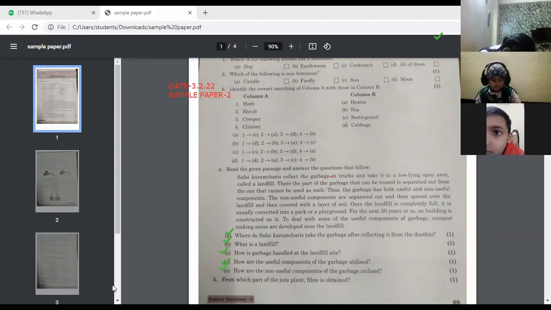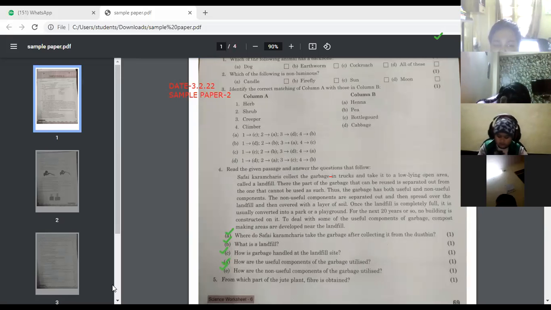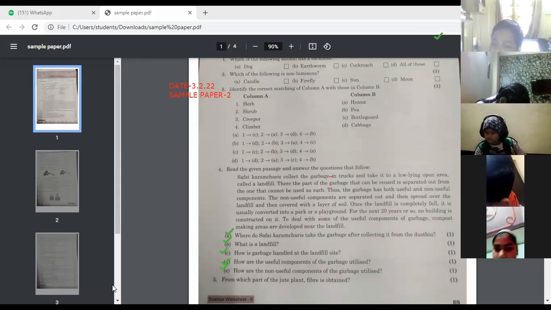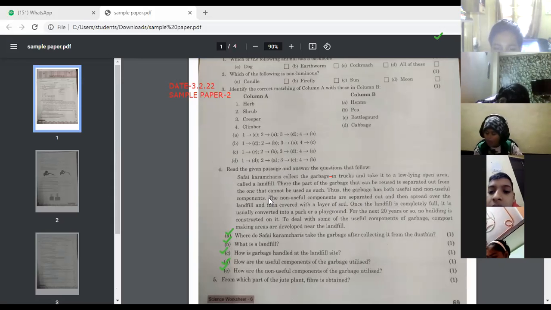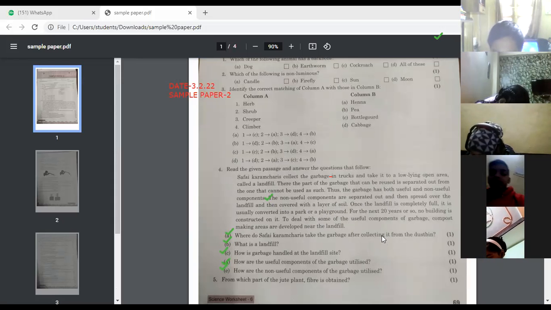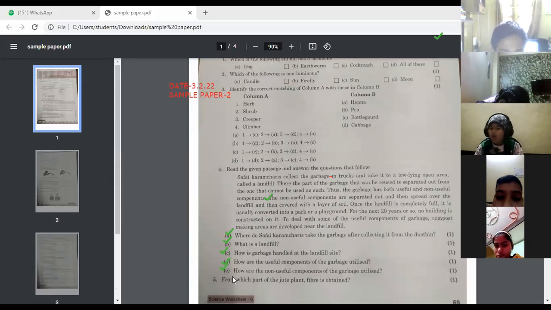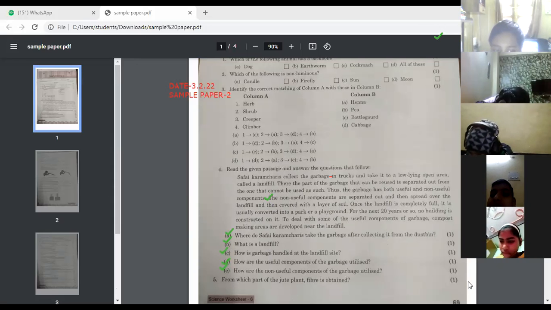Yes, ma'am, the non-useful components are separated out and then spread over the landfill. Okay, and then covered with a layer of soil. So it is written, children. You need to read this paragraph to answer the questions. 5 questions carrying 1 mark each, so this complete question is for 5 marks.